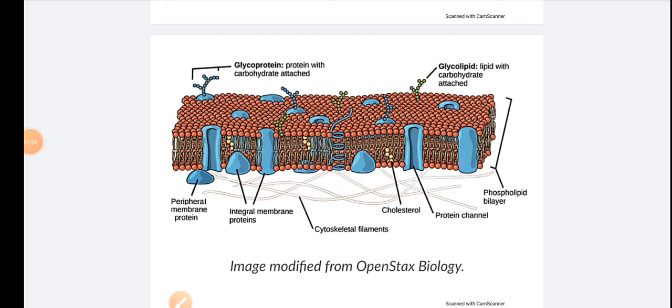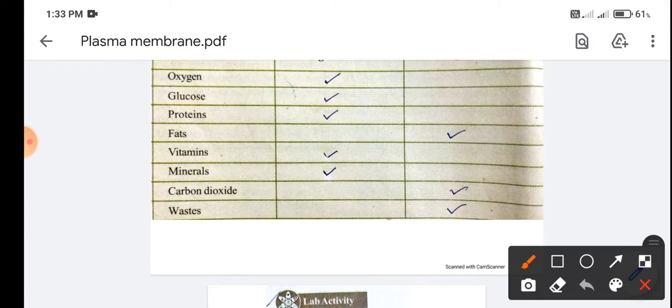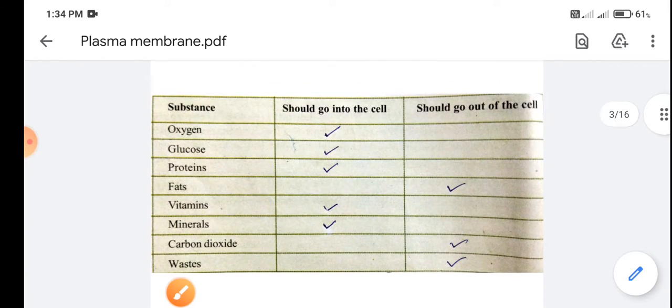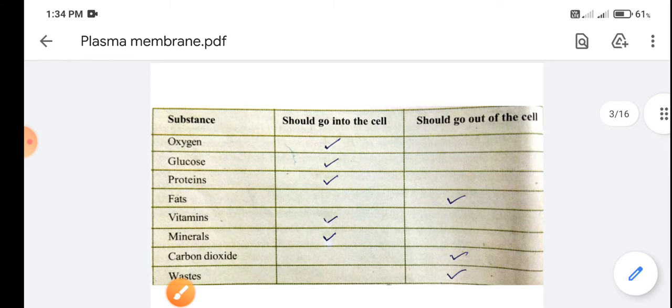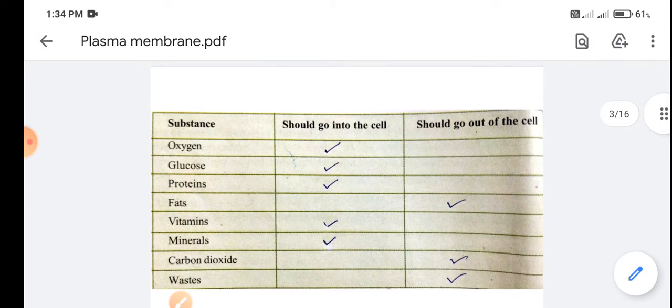Now we can see table 1 on page number 38 of the textbook. Let's try to fill it. These are the substances: oxygen, glucose, proteins, fats, vitamins, minerals, carbon dioxide and wastes.